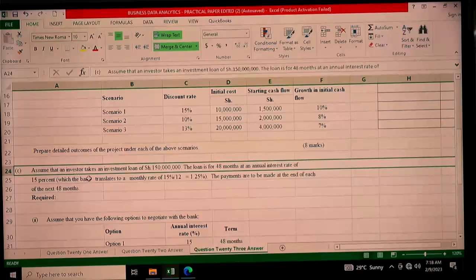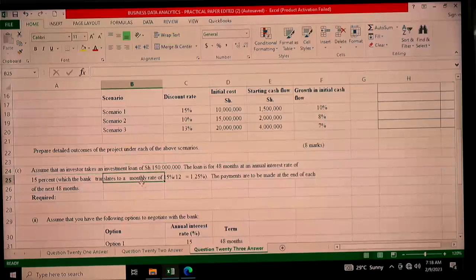The loan is for 48 months at an annual interest of 15%, which the bank translates to monthly as 15 divided by 12, that is 1.25%. The payments are made at the end of each of the next 48 months.